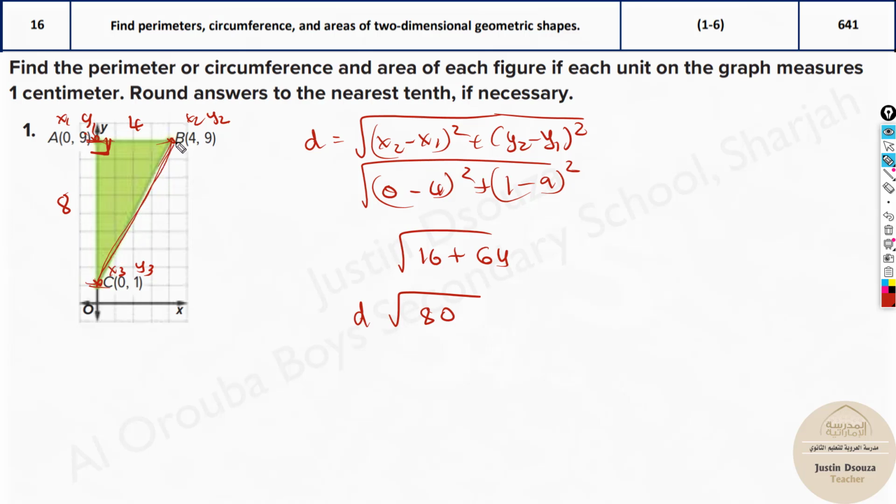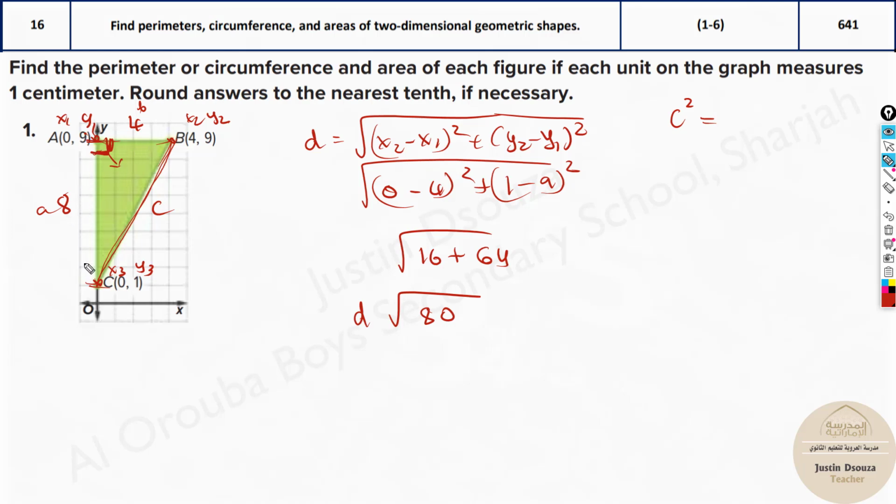This is the distance. Another way to solve is if you know the Pythagoras theorem. The hypotenuse is the side opposite the 90 degree angle. If I consider this to be c, and let me take a and b over here, these two are the two distances. The hypotenuse is the longest length. Its square is the sum of the squares of the other two sides.